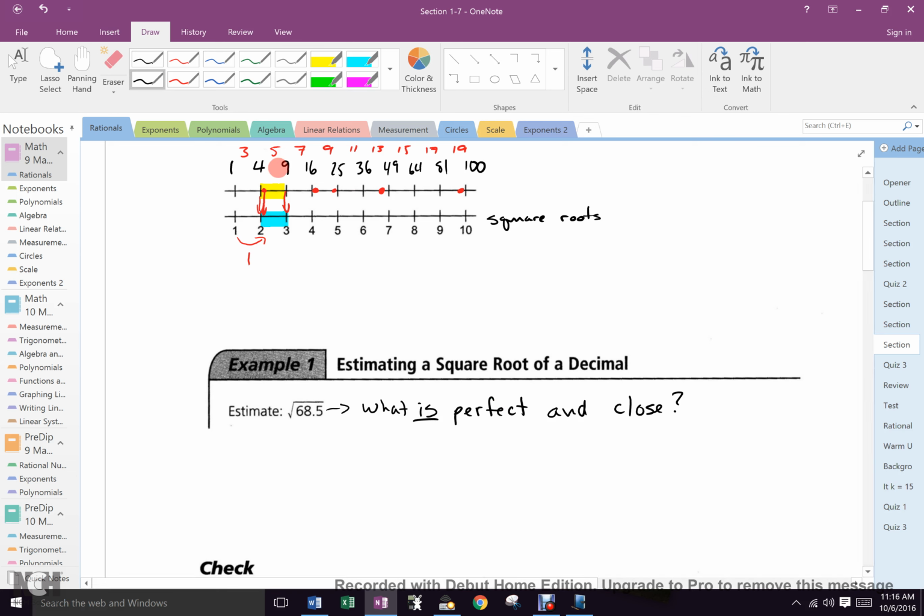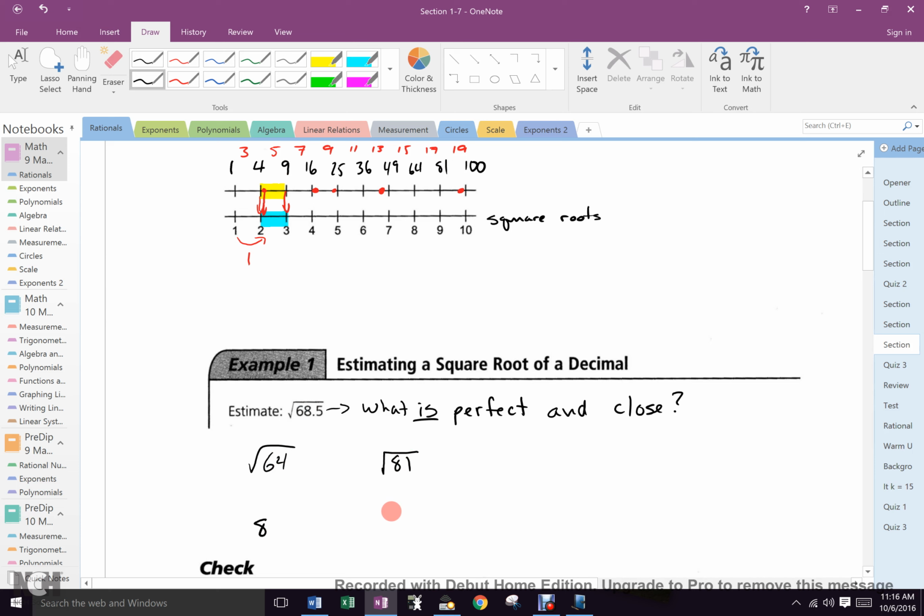What on this list is close to 68.5? 64. And what's the square root of 64? 8. Agreed? What's the next perfect square? 81.